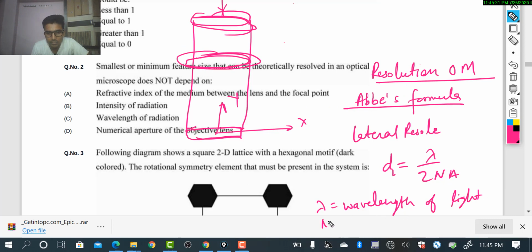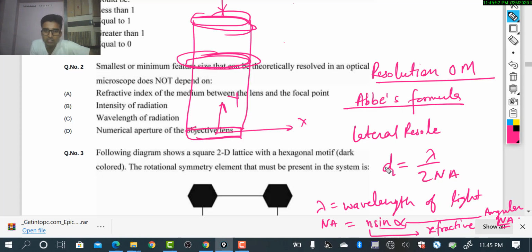NA is the numerical aperture, that is n sin alpha. N is the refractive index, and sin alpha is the angular numerical aperture. So this is for lateral.